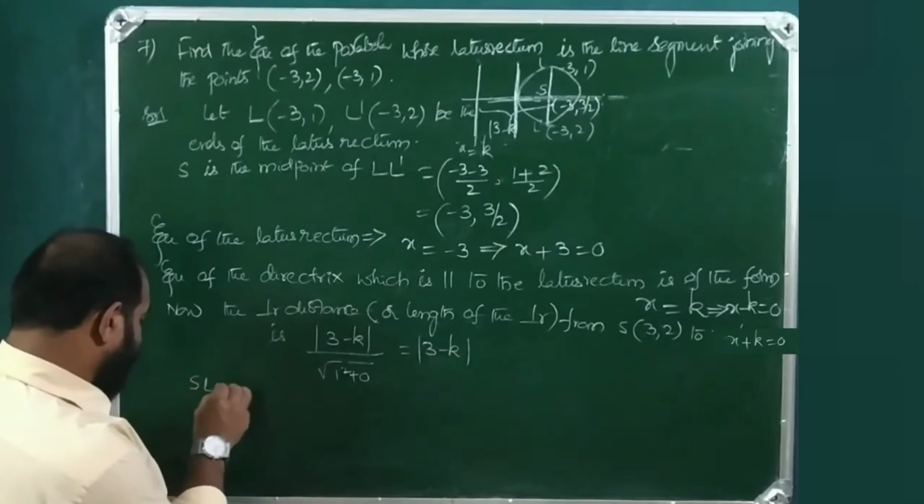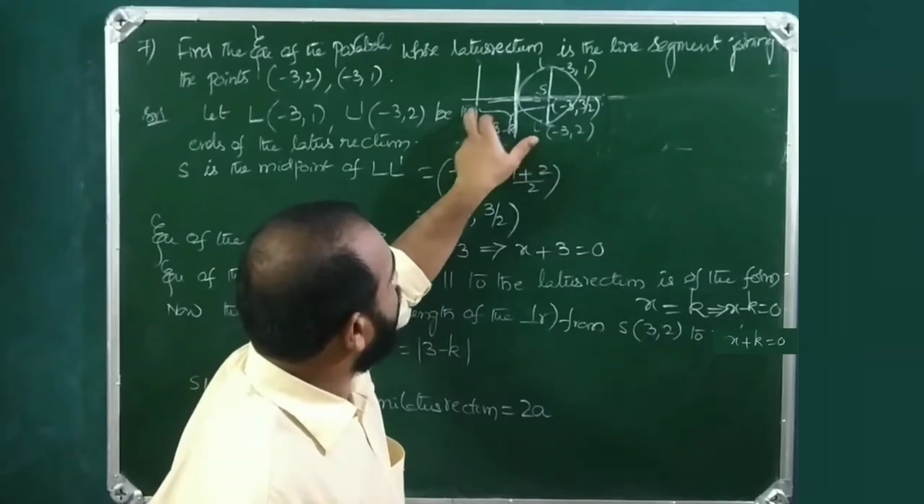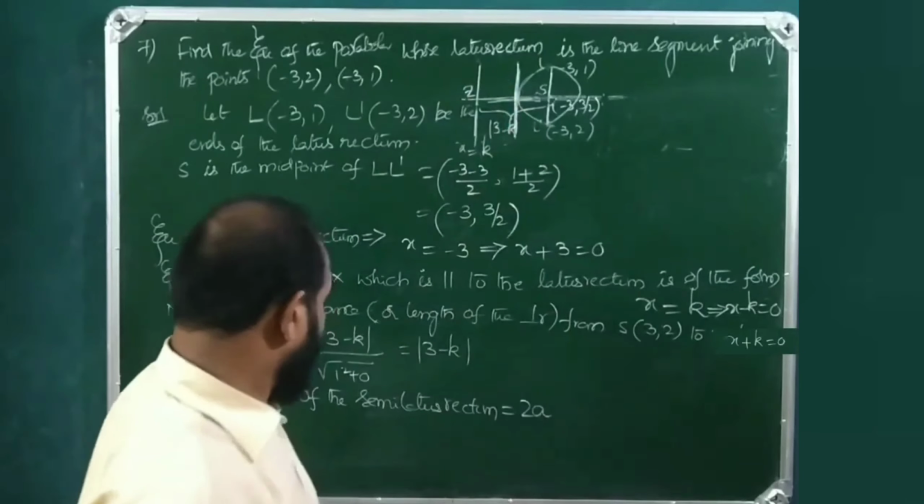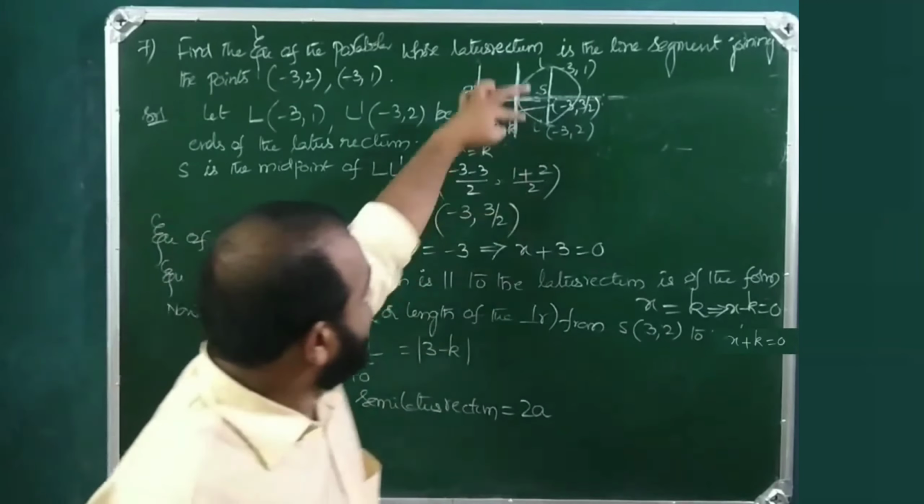And what is the distance from this to this? This is A and this is A. Let us suppose this is Z. So SL equals 2A and that is equal to SZ also. Why is SZ equal to 2A?